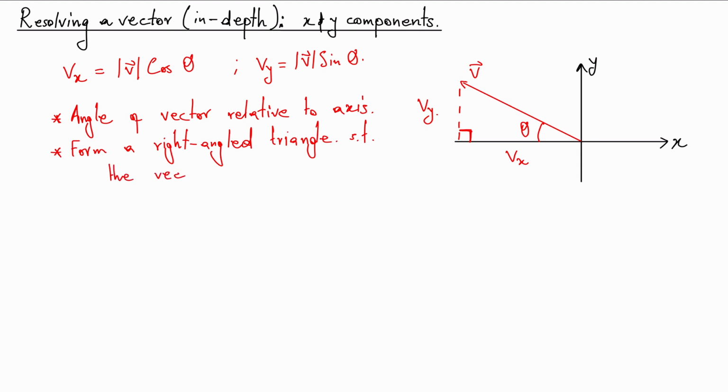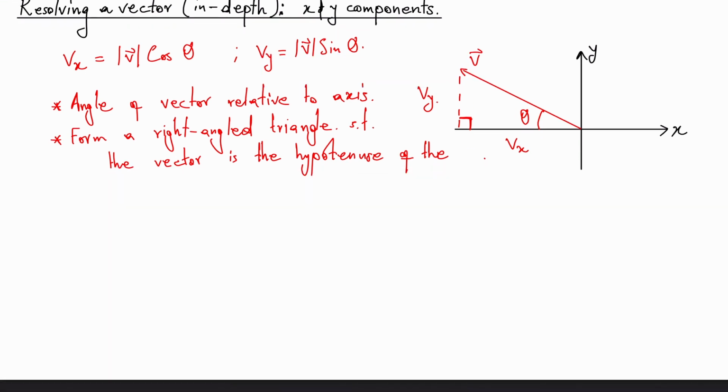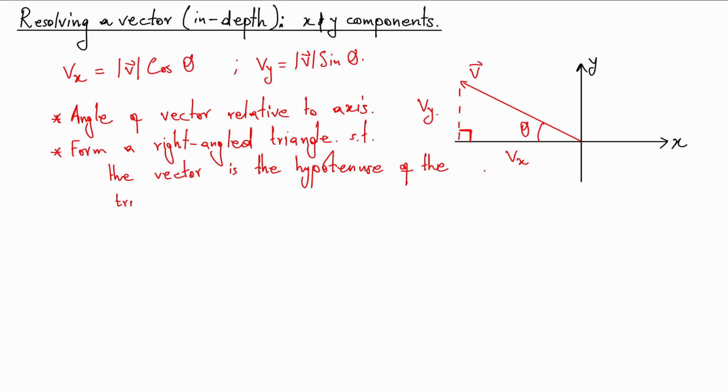the vector itself is the hypotenuse of the triangle. That's important.